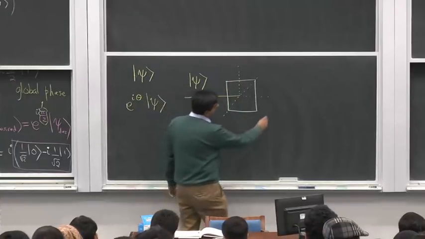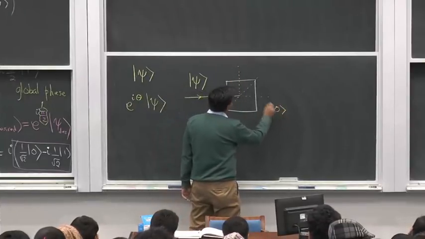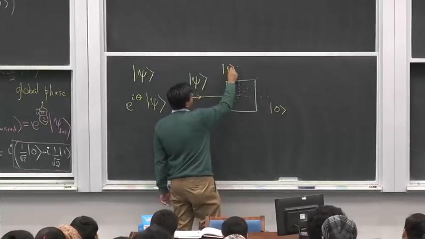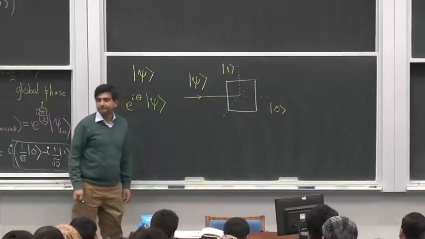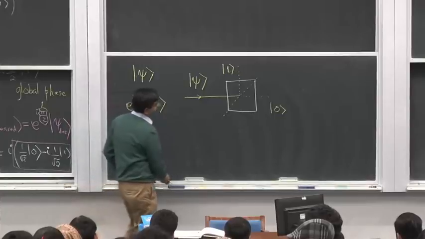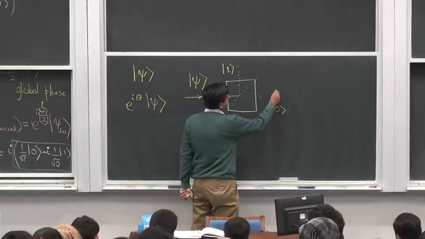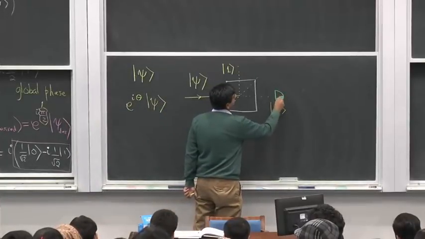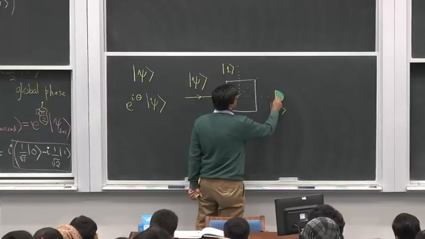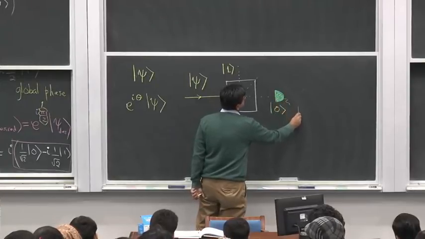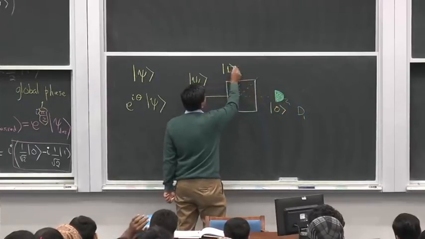One channel is labeled ket 0, and one output channel is labeled ket 1. And I have detectors at the end. I have a detector here, some D1, and I have a detector here.